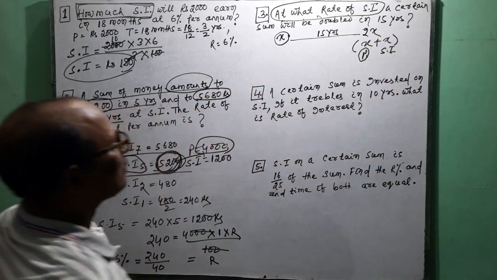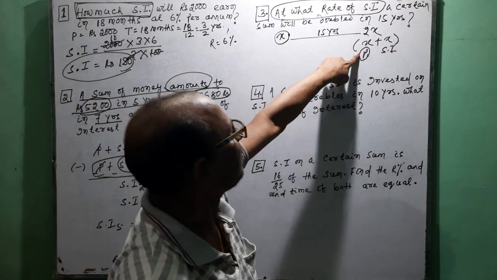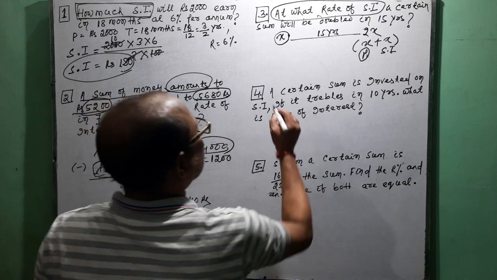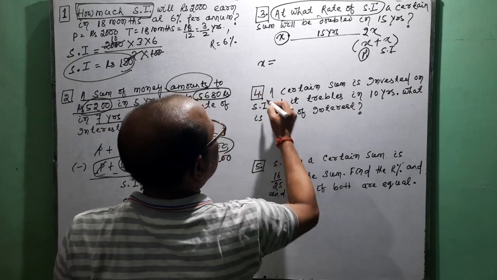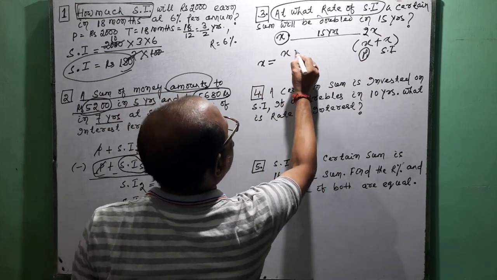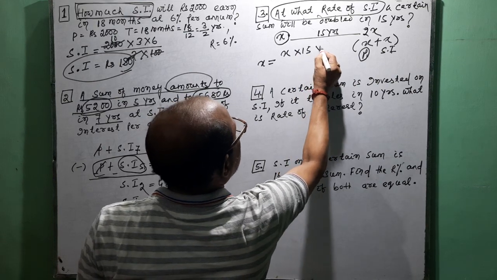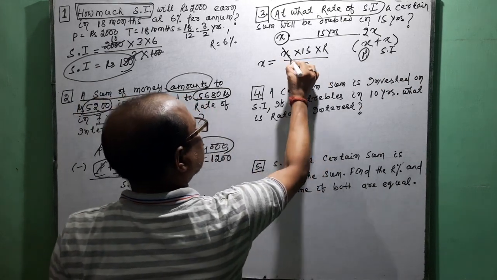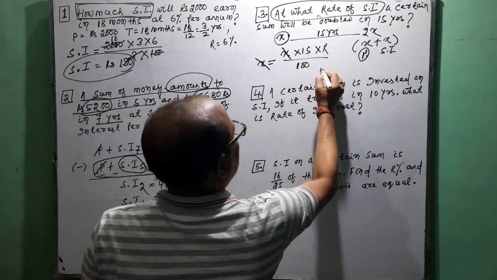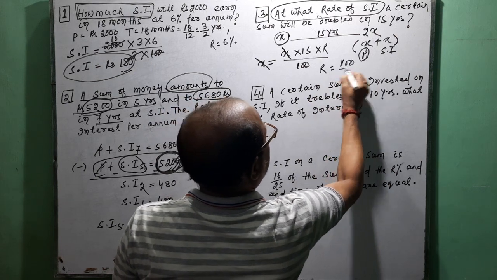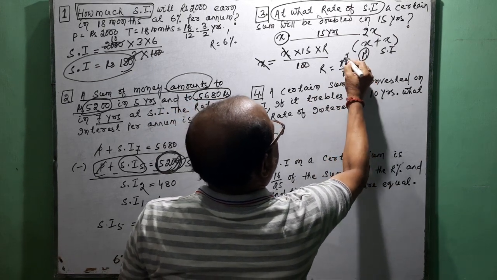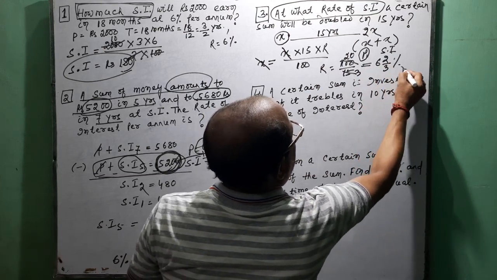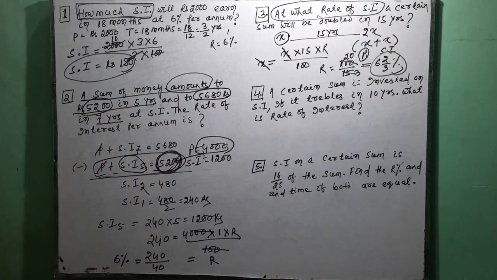So SI is equal to PTR by 100, which means X is equal to X into 15, R not given, by 100. X into 15 by 100, so R is equal to 100 by 15, which is 6 and 2 by 3%. This is the answer.